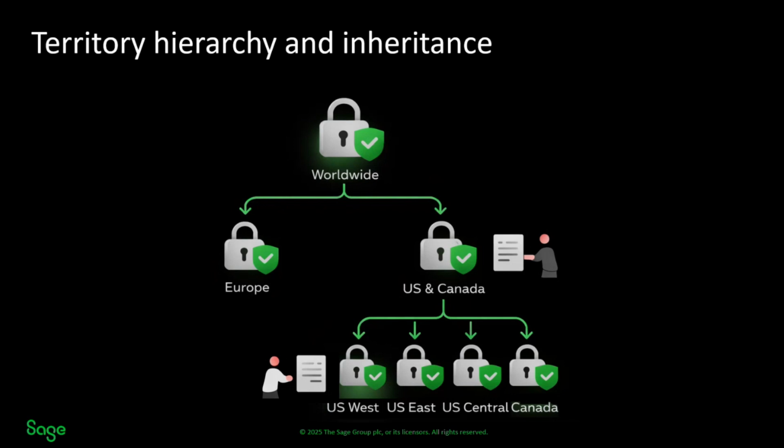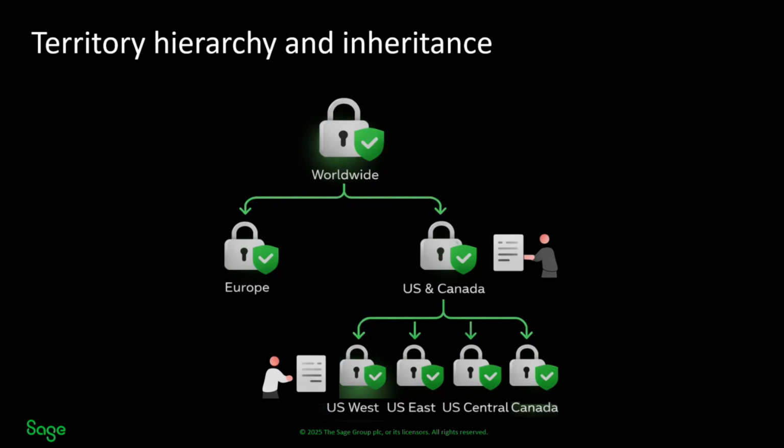A child territory, if you're assigned to a child territory, you can only see that child. You can't see data in the parent or sibling territories. And so the idea of the hierarchy allows organizations to model real reporting lines and data ownership, and the structure is enforced automatically by Sage CRM once it's defined.